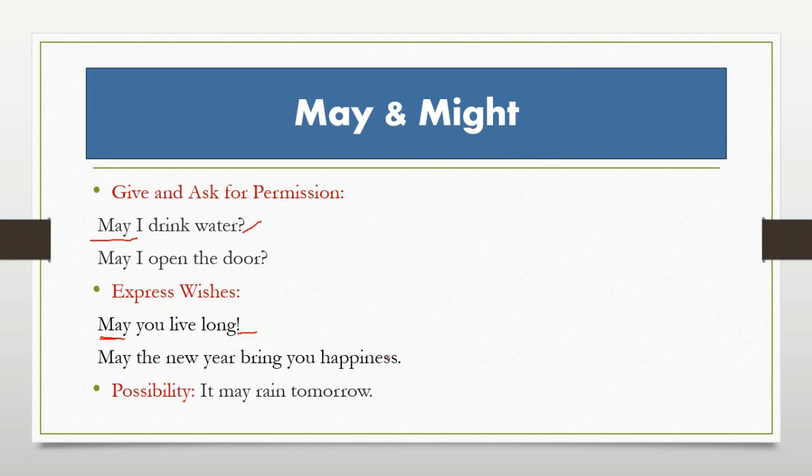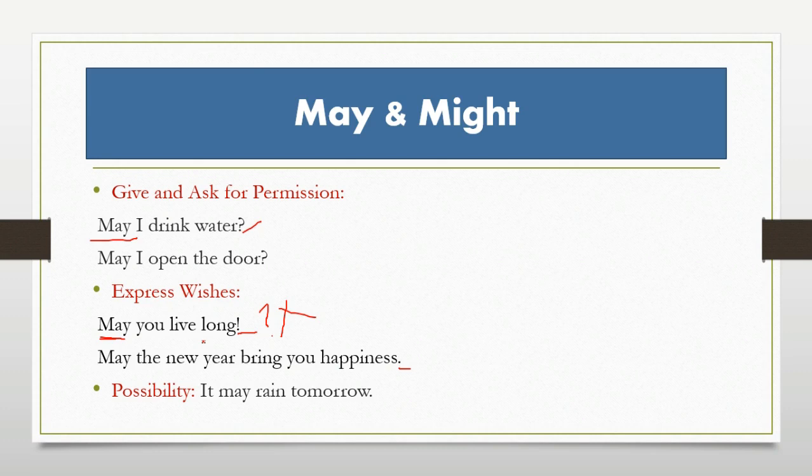Keep in mind, in wishes we never use a question mark, because we express wishes, and you do not need to use the sign of interrogation here. You should simply put a full stop at the end of the sentence. May the new year bring you happiness, or may you live long, may Allah bless you with a beautiful wife. Like this you can also make sentences.